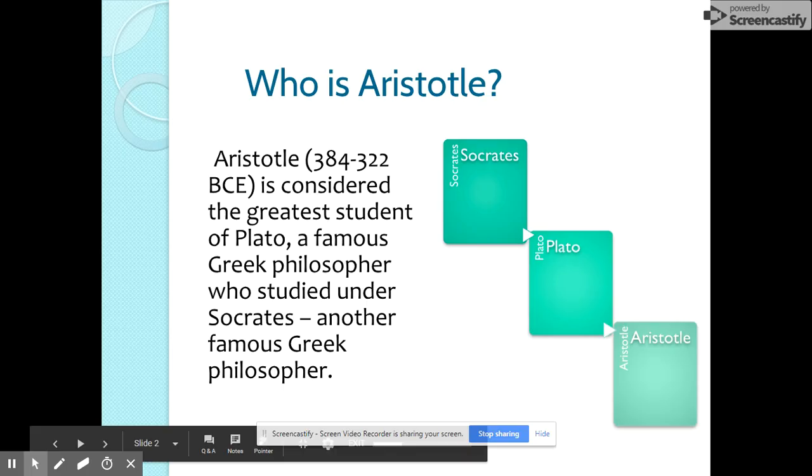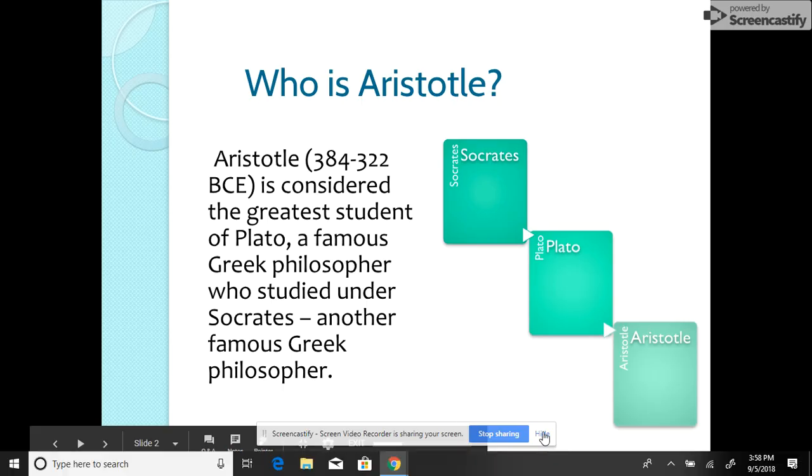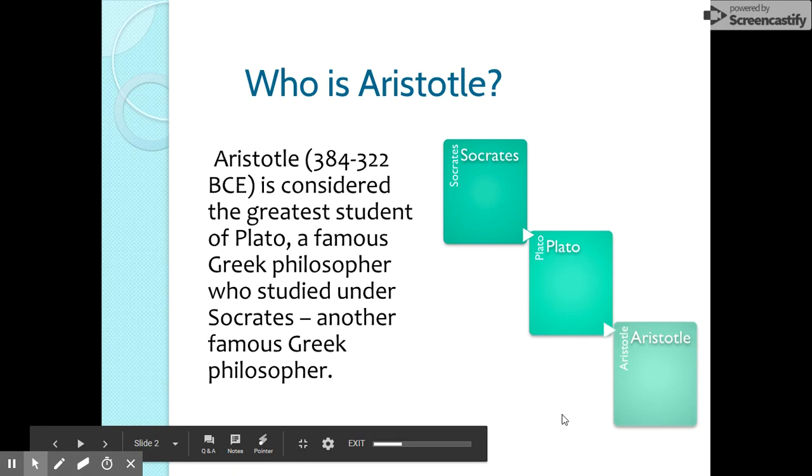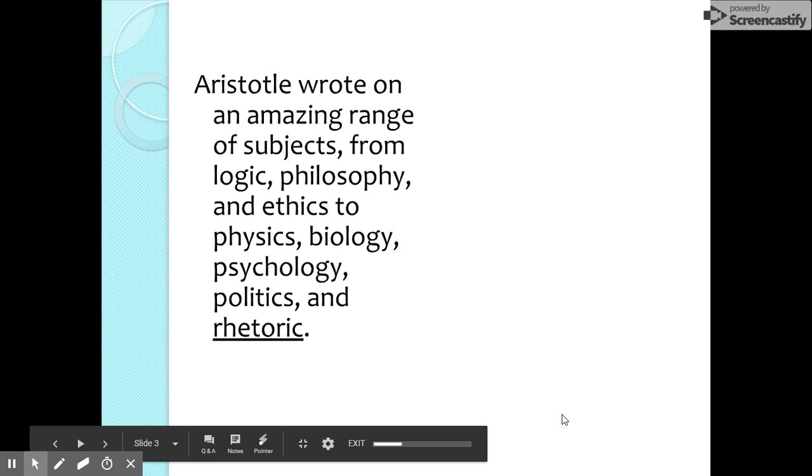Fun fact, Aristotle then went on to teach Alexander the Great. So these were Greek philosophers who discussed a wide number of topics. Aristotle wrote on everything from logic to philosophy, ethics and physics, biology, psychology, politics, and rhetoric.